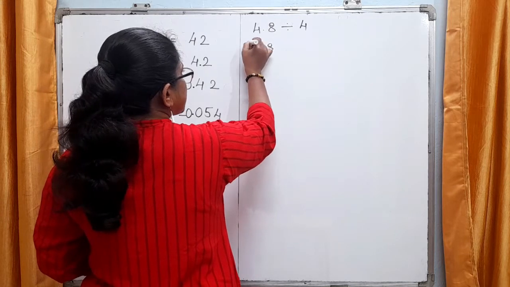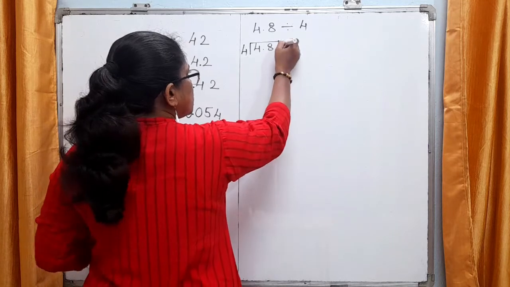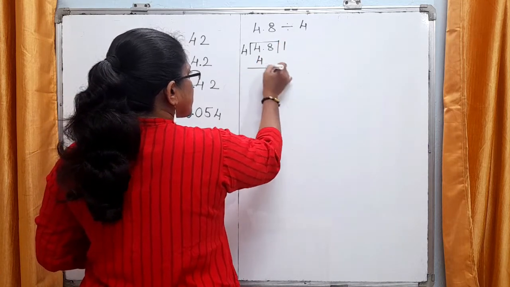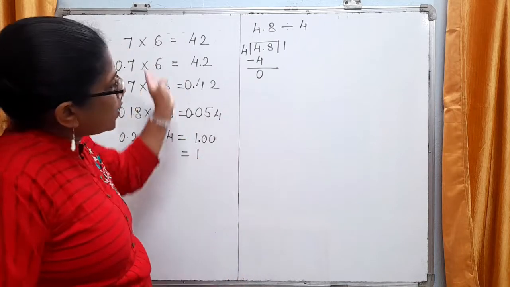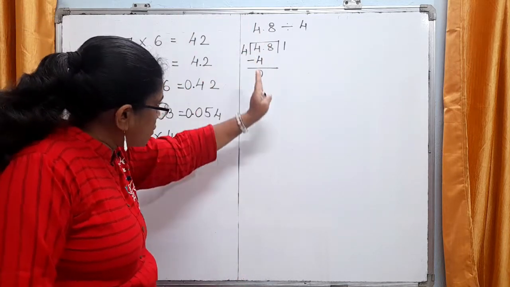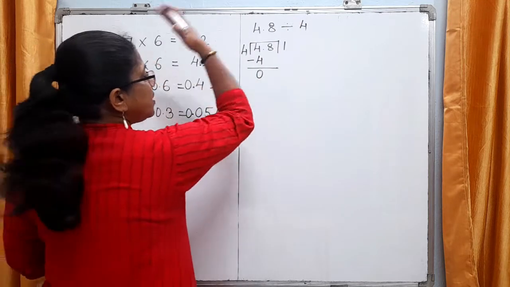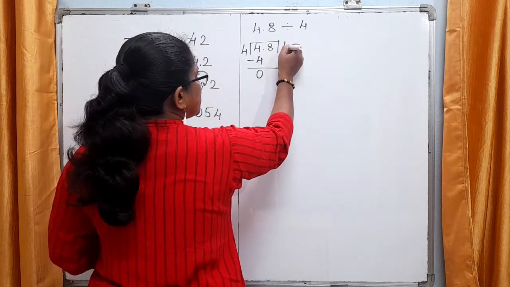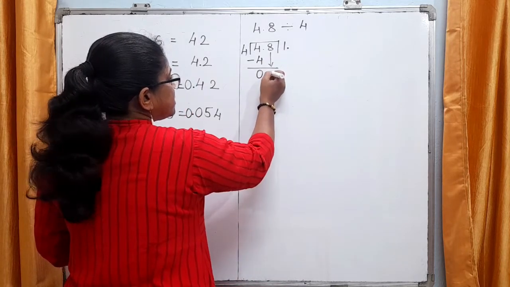4.8 divided by 4. 4 ones are 4. 4 minus 4 is 0. Now we are taking down the digit which is after the decimal point. When we cross the decimal point, we have to put a point here and take this 8 here.